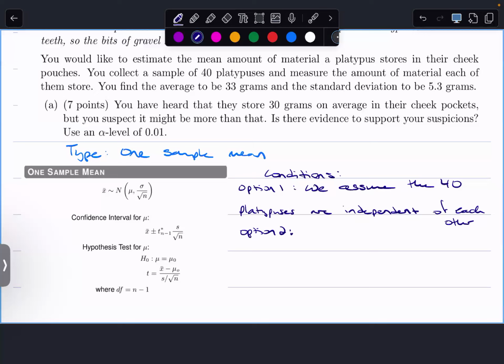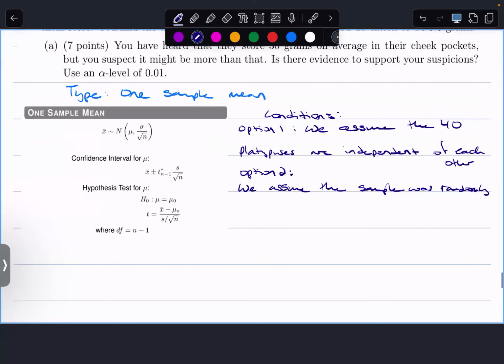Or option two, if you want to talk about randomly sampling still, just to keep the same phrasing as we usually have, we assume the sample was randomly selected. Even though it doesn't say it, we assume that it was. And therefore we can assume independence, right? So either one works for me.